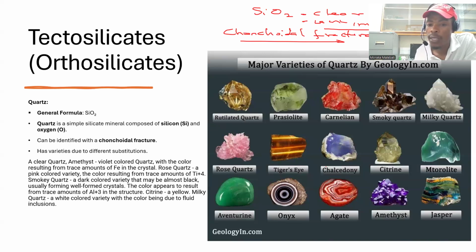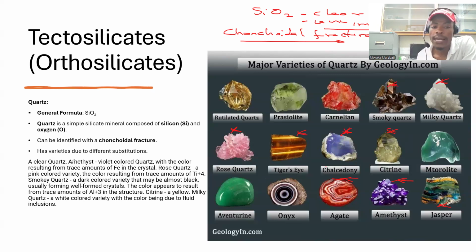The most common ones are rose quartz, the tiger's eye, chalcedony, which usually fills in the hollows, and the citrine, the jasper, the amethyst, the agate. These are the most common ones, and the milky and the smoky quartz.